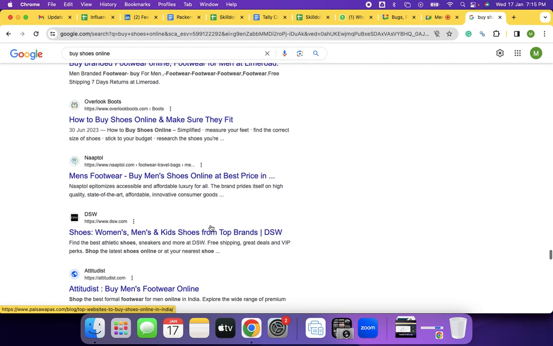So this is how it will be. But the problem is, here at least we have taken the websites which are selling shoes. In this example, we have at least considered all the companies which are selling shoes, correct?